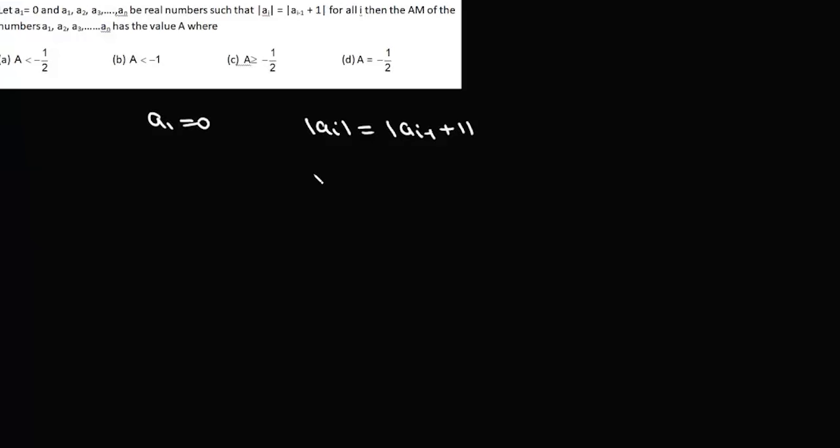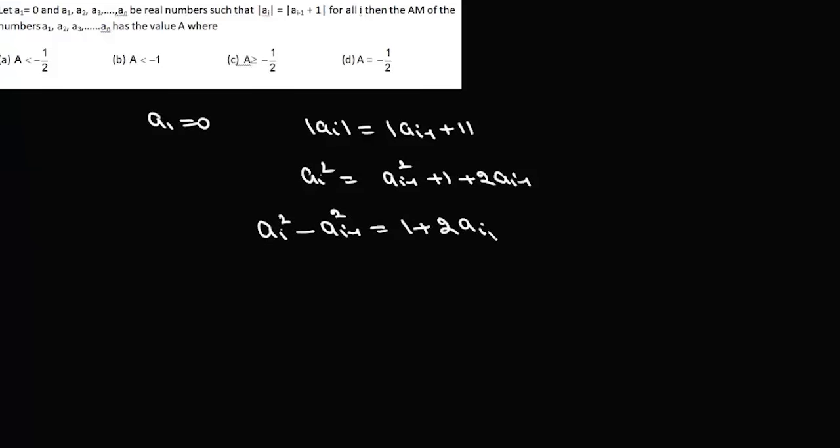Now we square these, and we can write ai square will be equal to a(i minus 1) square plus 1 plus 2 a(i minus 1), or we can write ai square minus a(i minus 1) square is equal to 1 plus 2 a(i minus 1). Now for this a, we'll need a1 plus a2 up to an.